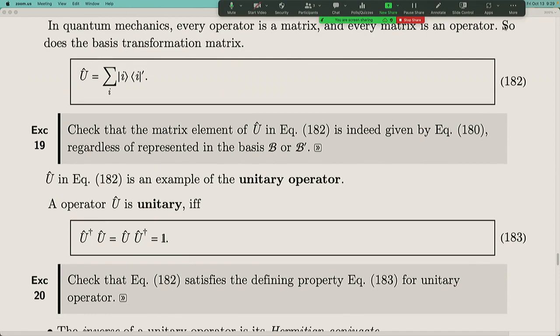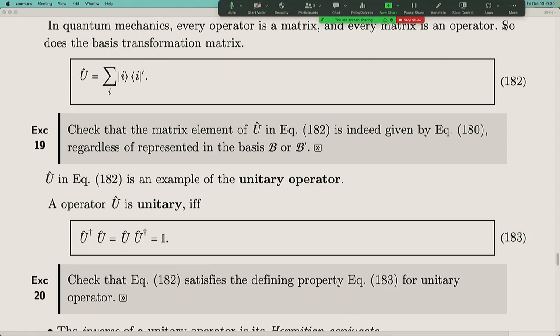And this operator is an example of a unitary operator. It's actually stronger: any unitary operator can be understood as a basis transformation. So this is a very concrete example of what a unitary operator looks like, but it's not a very high-level definition, okay?